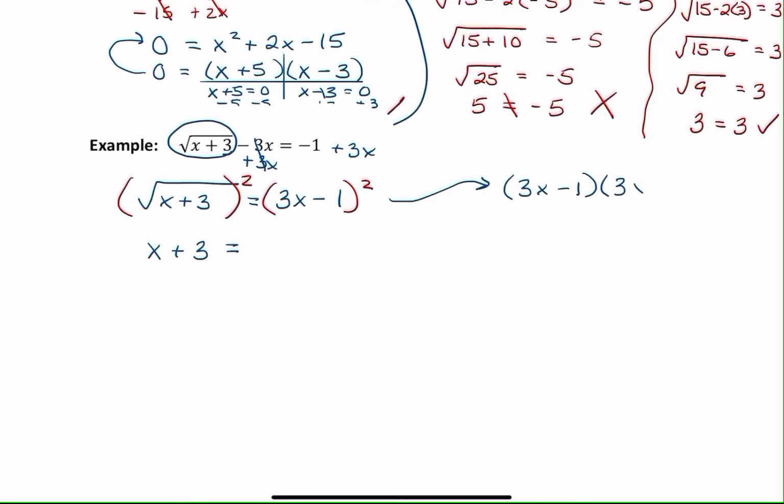Multiply it by itself when you square it. So you're going to have first would give me 9x squared. Outside would be negative 3x. Inside would be another negative 3x. And last would be a positive 1. So that's going to give me 9x squared minus 6x plus 1 on the right.